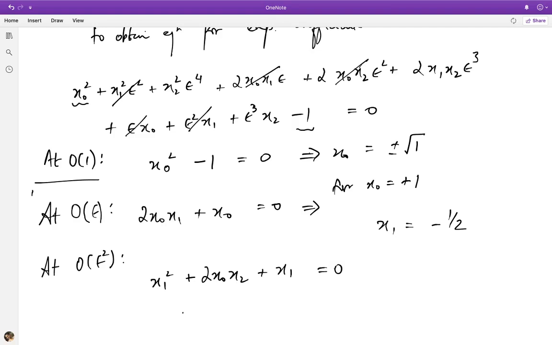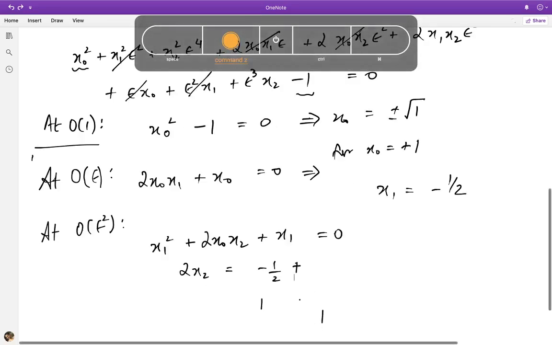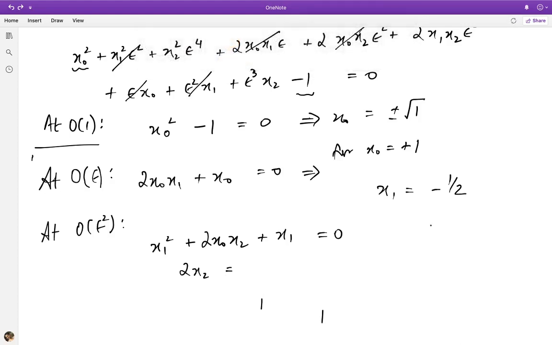Since x1 is minus half and x0 is plus 1, 2 x naught x2 is equal to minus x1 squared, minus x1.